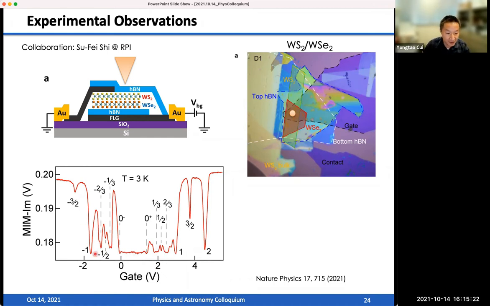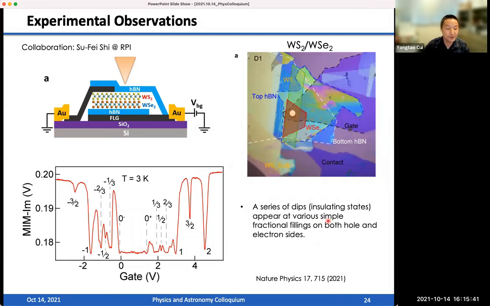We actually see a bunch of those dips, and we can calculate what they are in terms of the fractional occupancy. It turns out it's a series of simple fractions. For example, there's 1/3, 2/3, and also integer 1. So first of all, we see these insulating states on both sides of doping, while previous measurements only see it on the hole side.